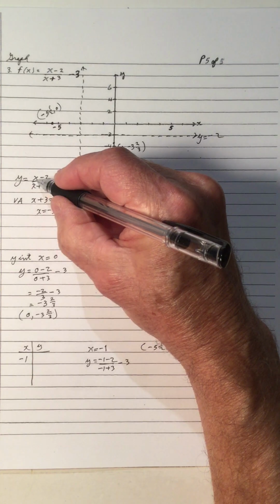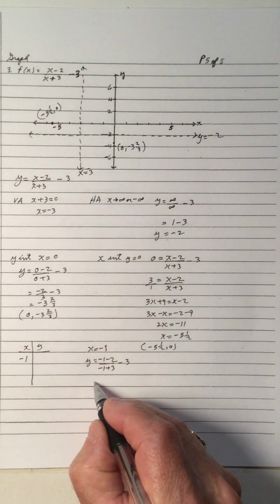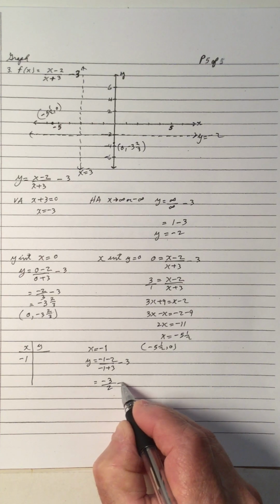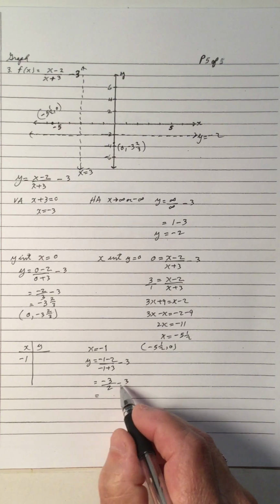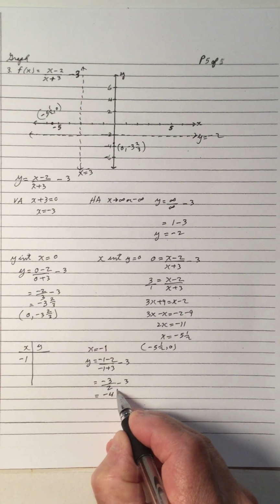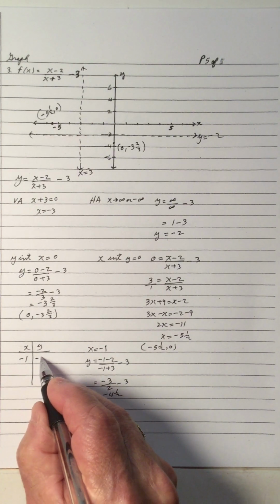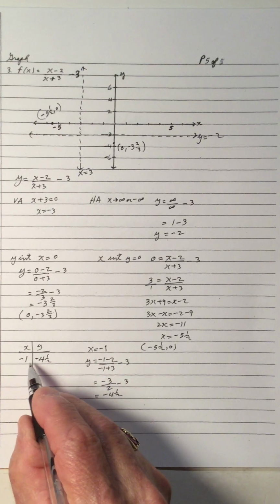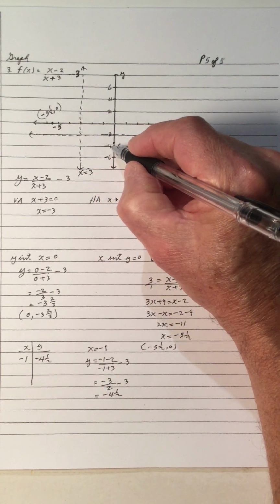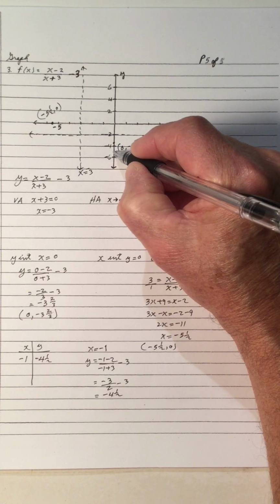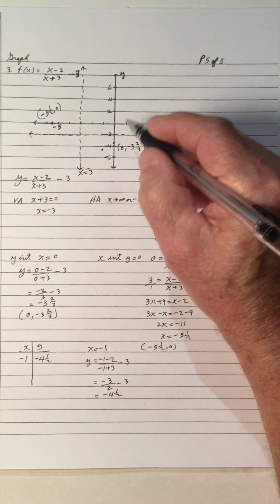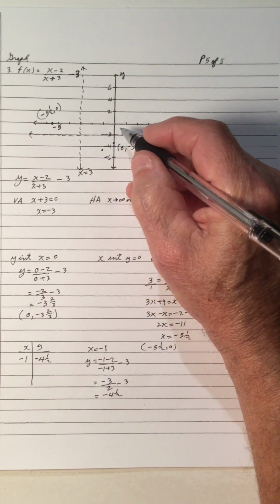I solve that out and get negative 3 over 2 minus 3. That's negative 1.5, so that's a negative 4.5. So negative 1 gives me a negative 4.5. There's 4, there's 5, so let's estimate it to be right there.